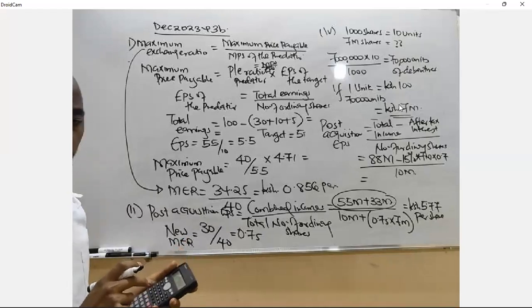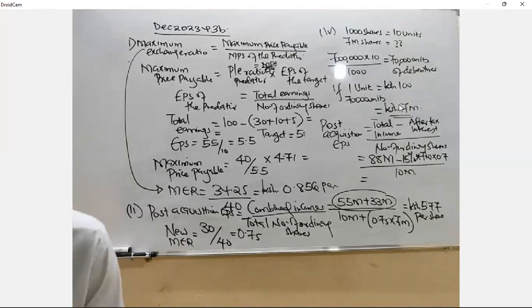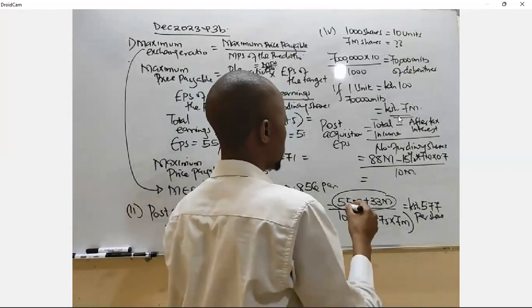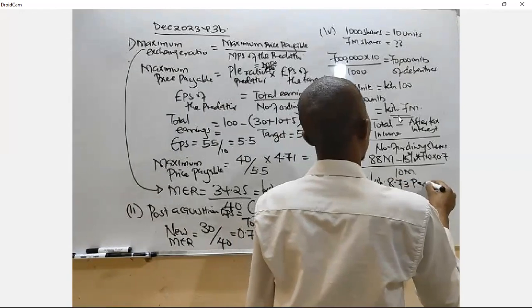Then you take 88 minus that answer, and you divide it by 10. You're supposed to be getting 8.73 Kenya shillings per share.